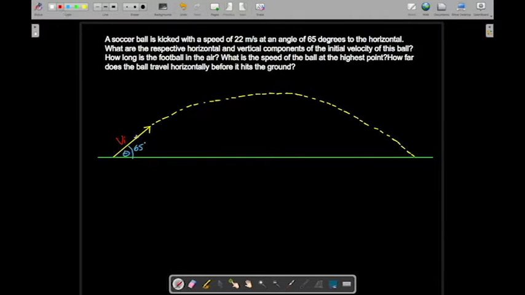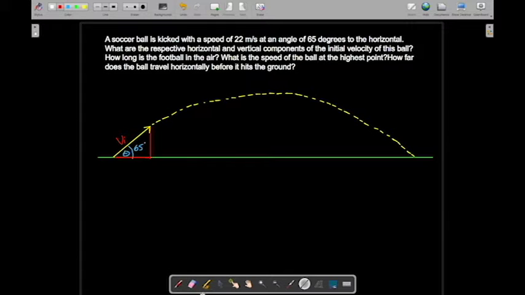Now, anything that goes at an angle has both a horizontal component, which is signified with this line right here, and it also has a vertical component, signified by this line right there. Here's our horizontal, and here's our vertical.